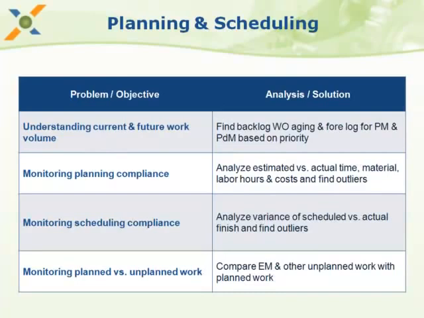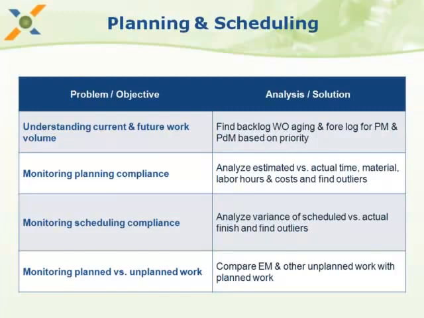The other problems, and I'm just giving some examples because there are so many other business problems we can list, are in planning and scheduling. If somebody is trying to plan, we would like to know what my current volume is, what my backlog is, what my forelog is. If we are doing a PM look ahead report, you would know what your PMs are. If we are touching our equipment, then we might as well finish the PM while we are working on it.